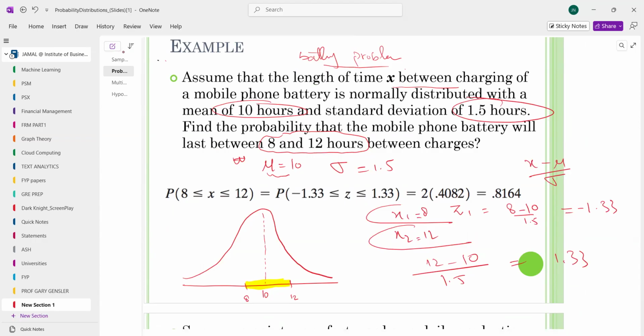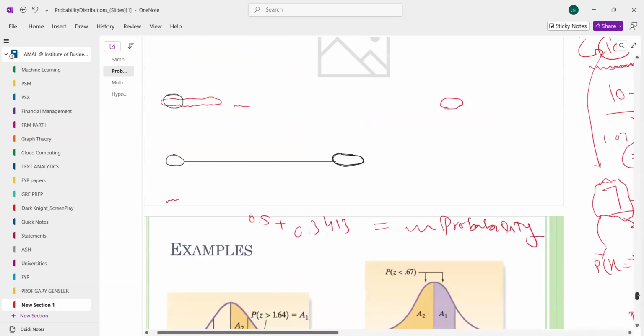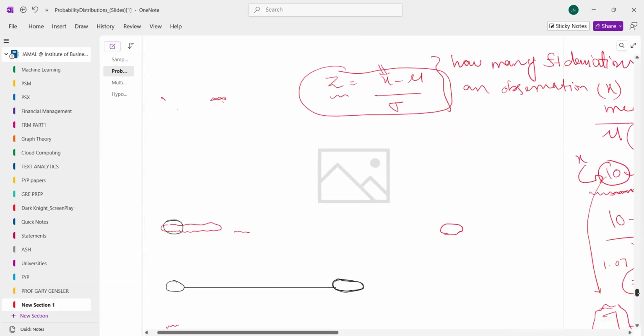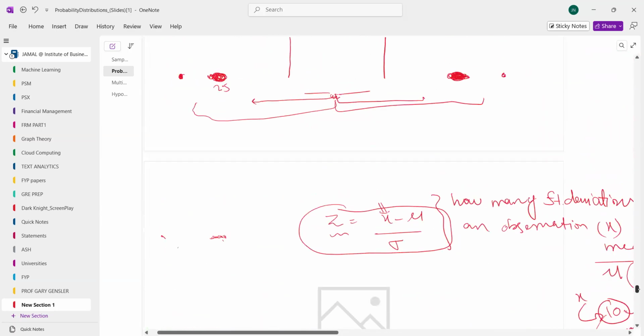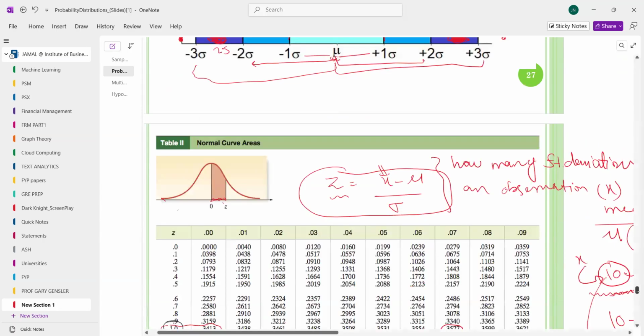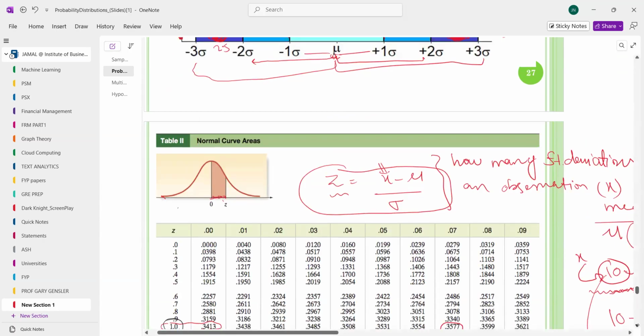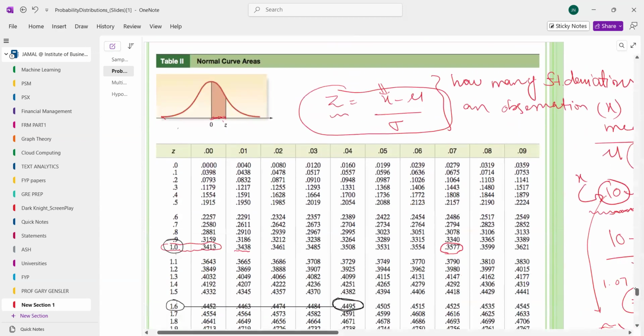So what will happen? Go back to the table. Yeah, here's the table. Now you have 1.33.